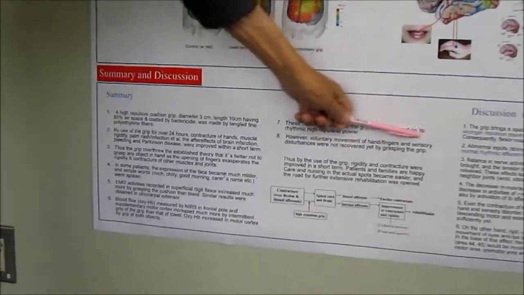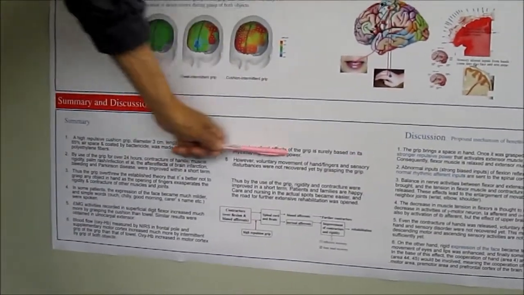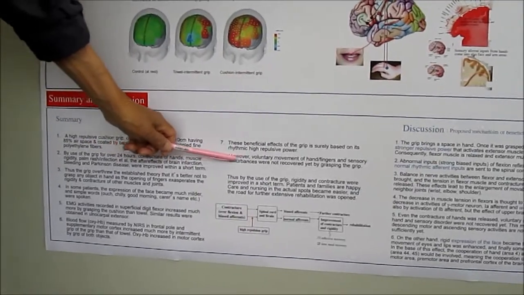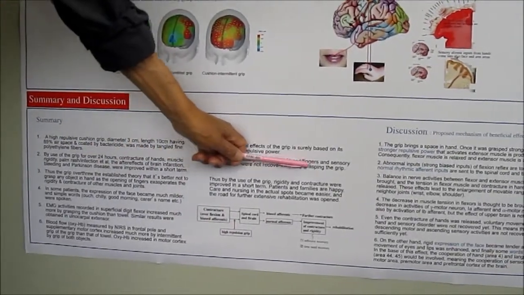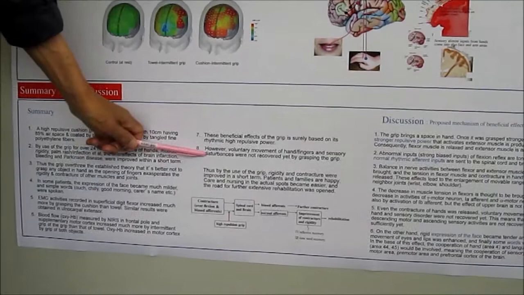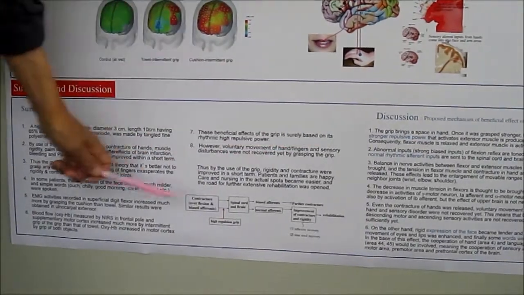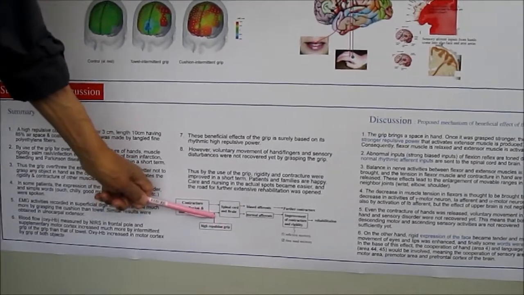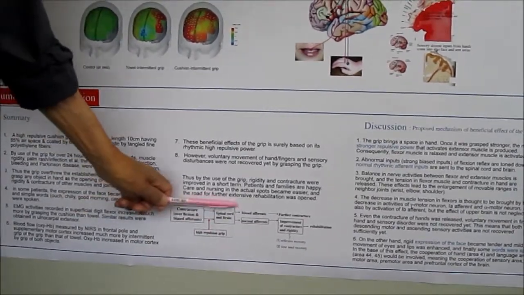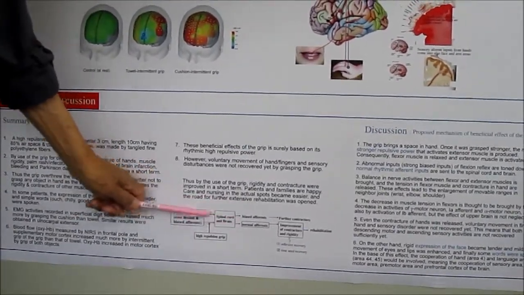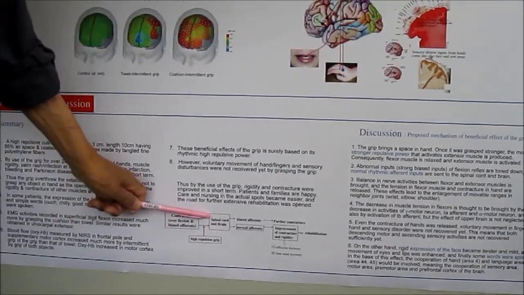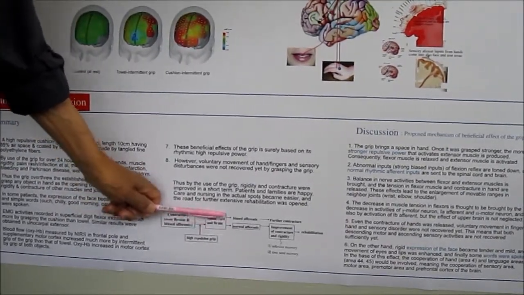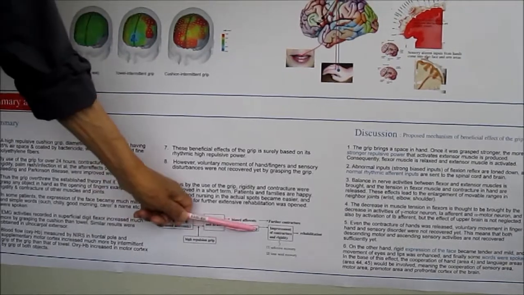This is the source point of our grip. However, voluntary movement or sensory neglect are not recovered well. Thus, using these high repulsive cushions, the biased input to the spinal cord and brainstem was ameliorated.